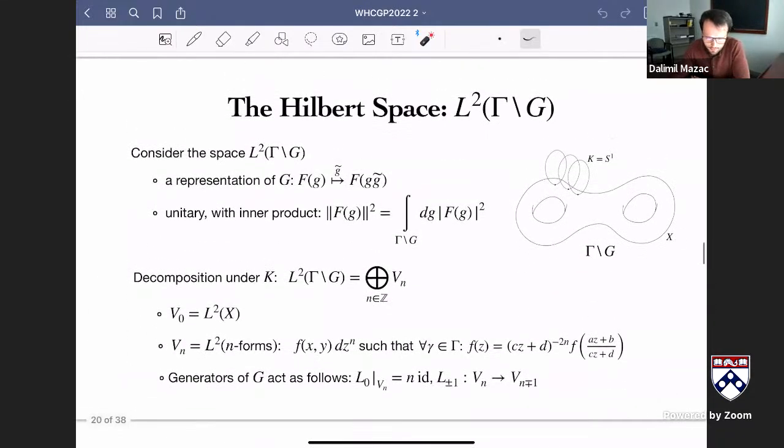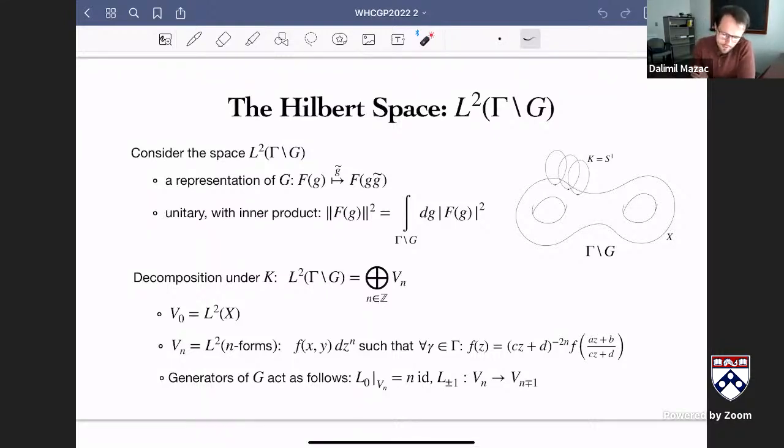The Hilbert space is this automorphic space L2(G mod Gamma). G mod Gamma is a 3-manifold, which is a circle bundle over the surface. So X here is the surface. You get the surface by quotienting on the right by K, which is the maximal compact subgroup of SL2R.